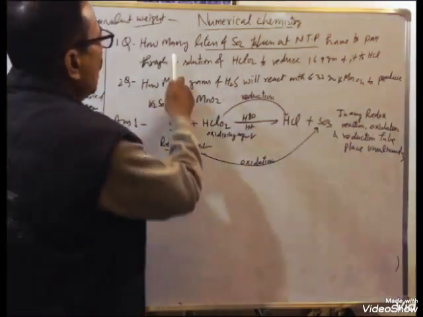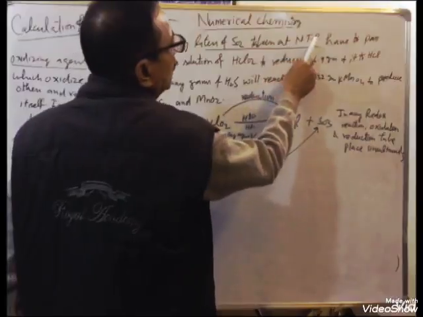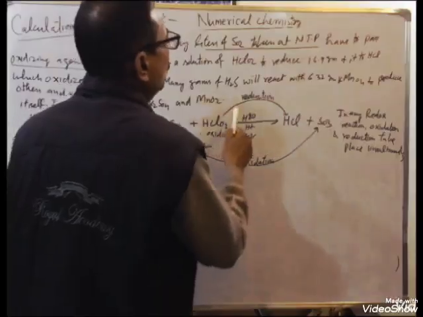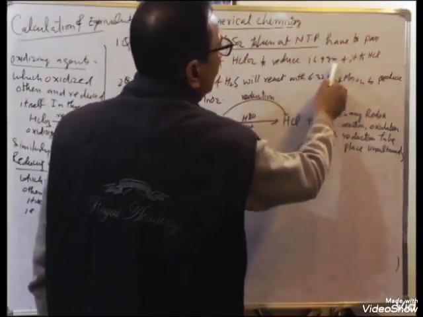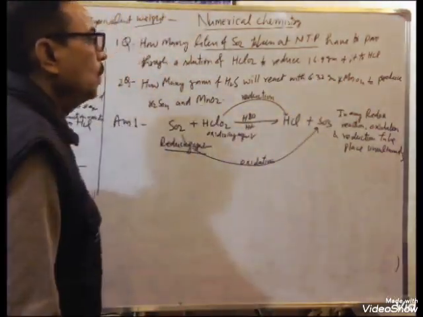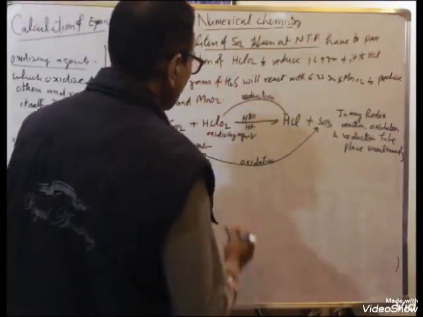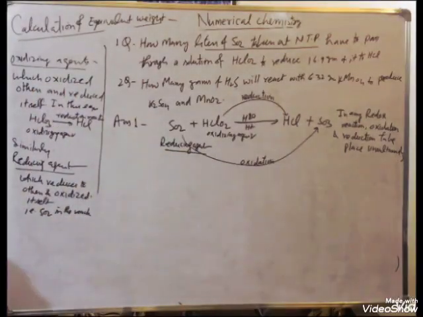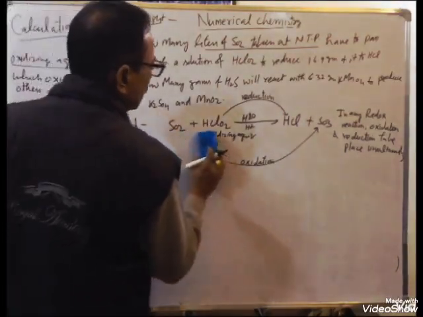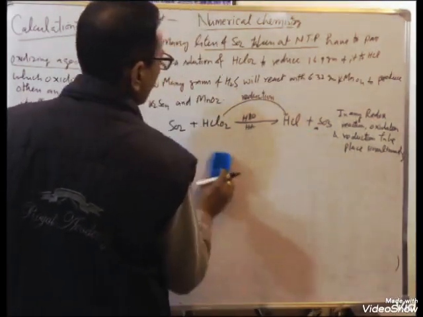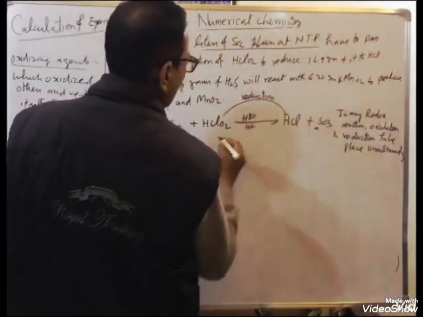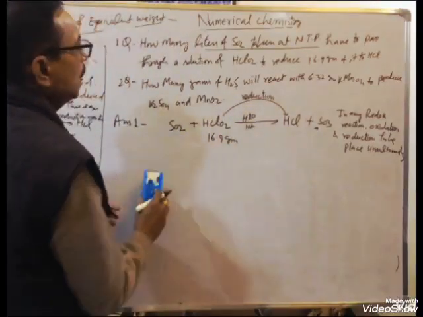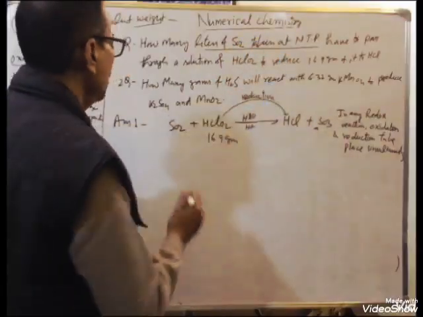Go to the question. How many liters of SO2 taken at NTP pass in the solution of HClO2 to reduce 16.9 grams of it to HCl? It means the quantity of HClO2 is given, 16.9 grams. 16.9 grams reacts with how many liters of SO2 at NTP?